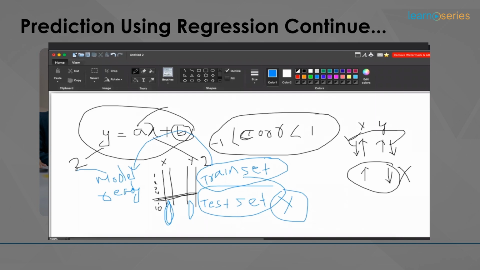Now it is time for testing. In testing, you give only x and try to predict y. Now you see, you have two y values. One is the actual y value, and another one is the predicted y value.